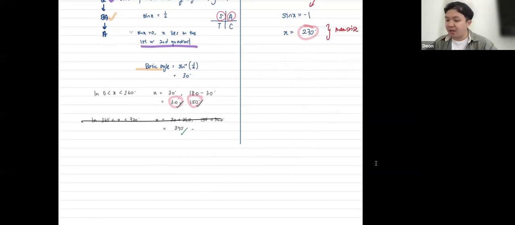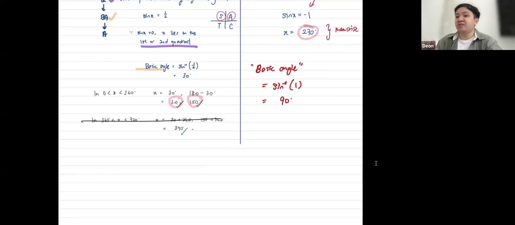But let's say you want to do it the proper way. The basic angle is sine inverse 1, because I asked you to inverse the positive number. So the basic angle is 90.